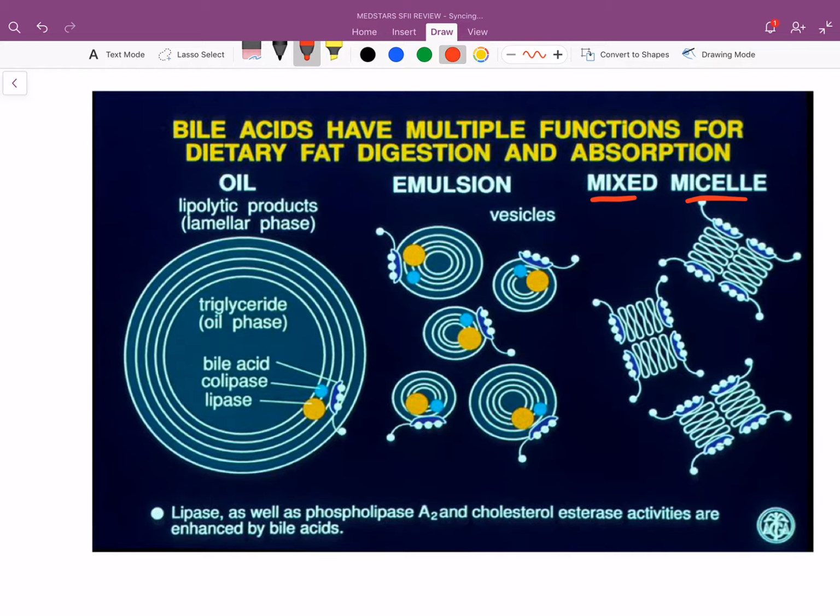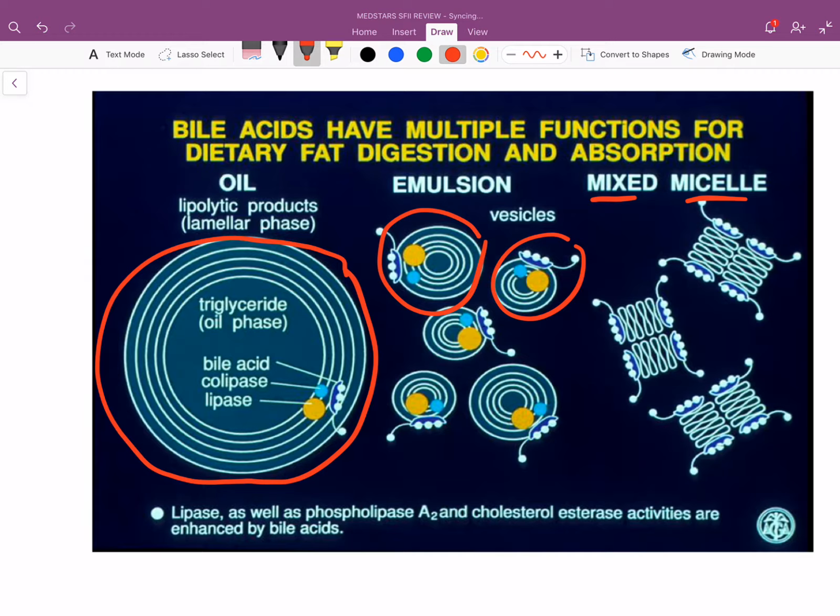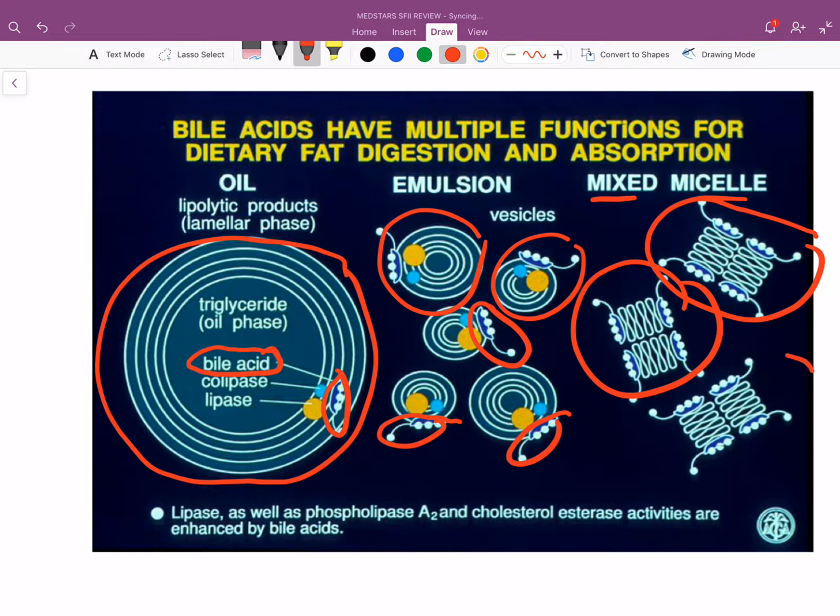Specifically mixed micelles. So obviously, we're going to have these lipases that are going to act on this huge glob of oil. This huge glob of fat is going to be broken down into smaller fats. Right here, you can see that there's bile acid. This bile acid is going to attach to these smaller little bits of fat, and it's going to form these things called mixed micelles.